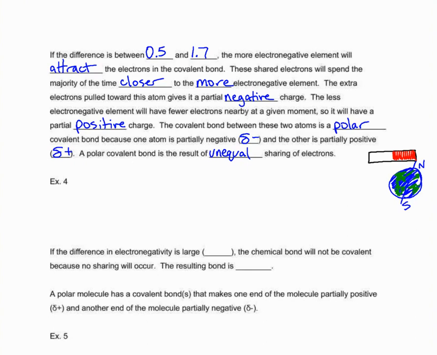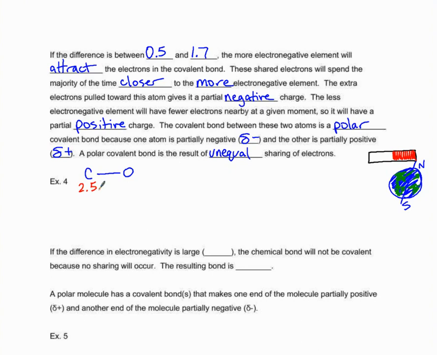So we look at a few different covalent bonds. So let's look at a covalent bond between carbon and oxygen. So carbon, if you look back to the previous page, you'll find that it has an electronegativity value of 2.5.